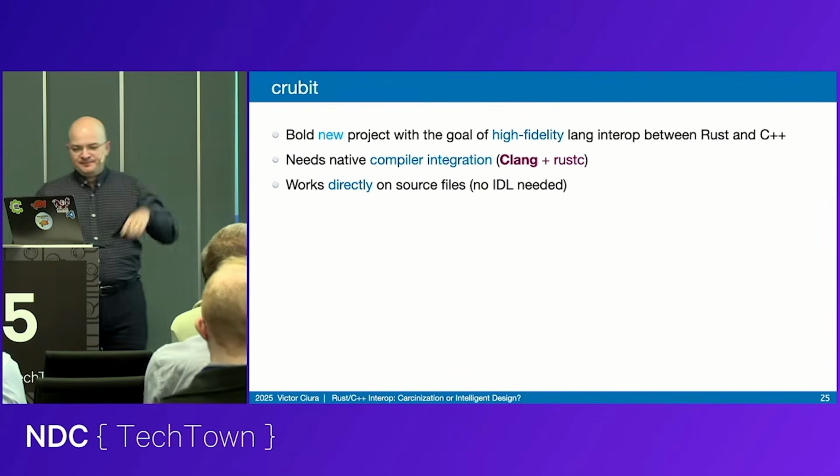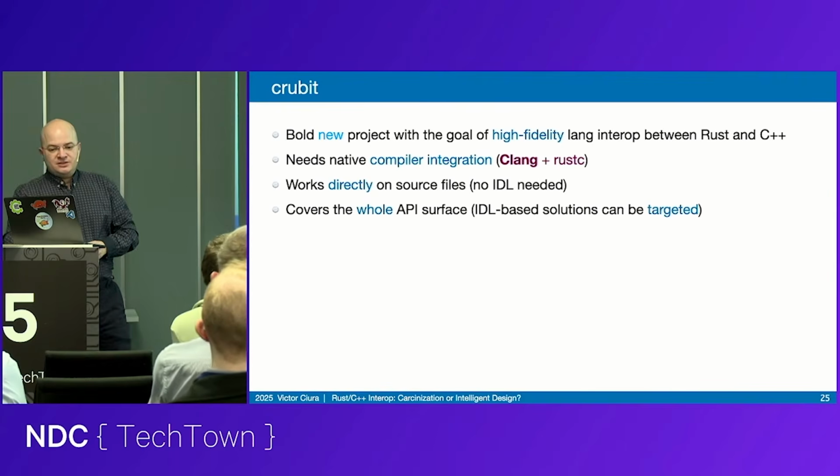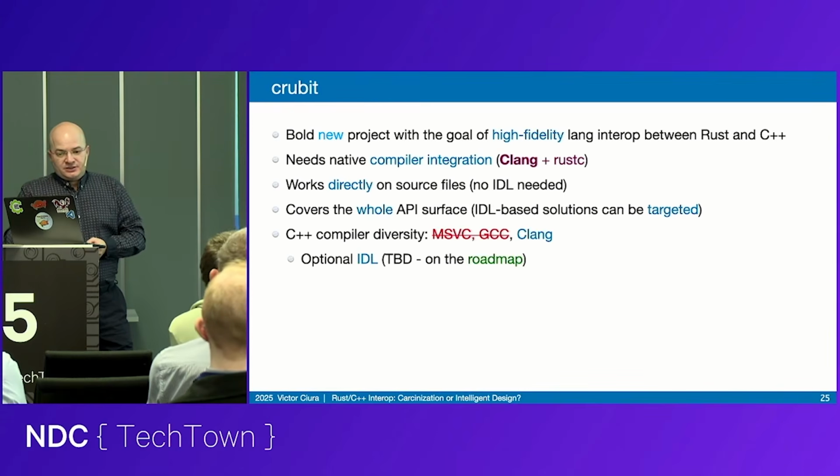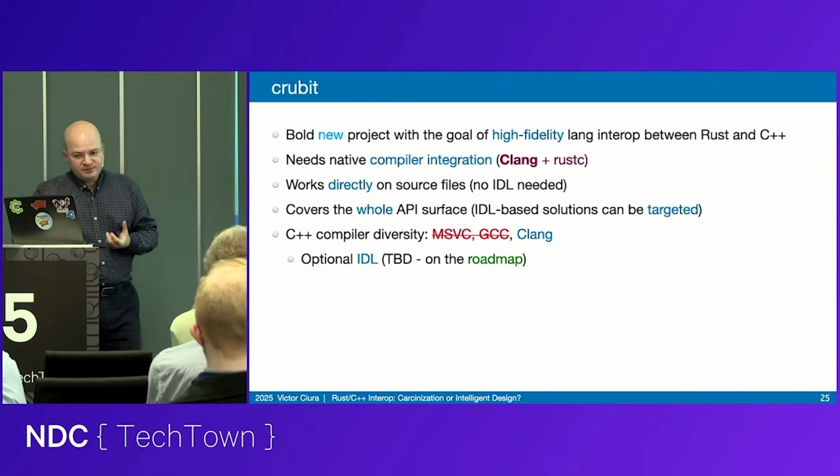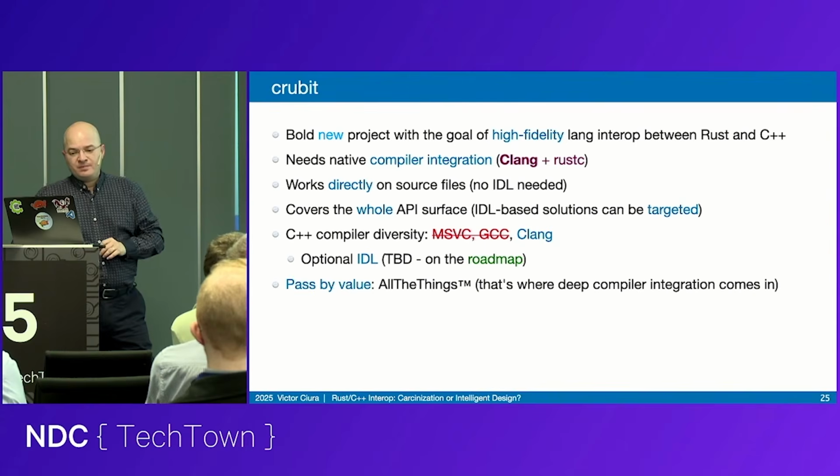Anyway, people need that. So it covers the whole API surface. It's not about being surgical like with IDLs. And no compiler diversity yet, right? There are plans for an optional IDL. I'm going to show what that means in a later slide, but it's not there right now. So if you jump in right now, it's just Clang, be aware.